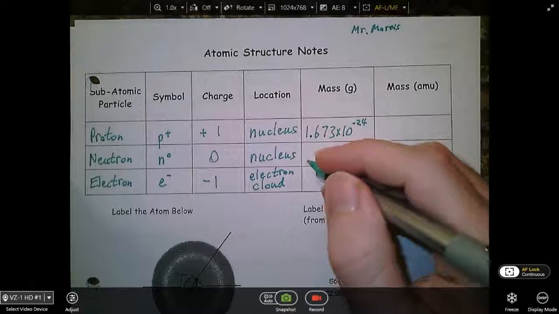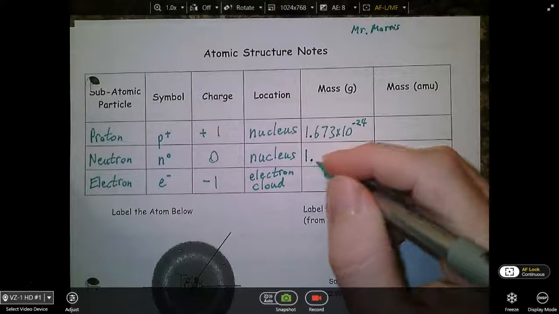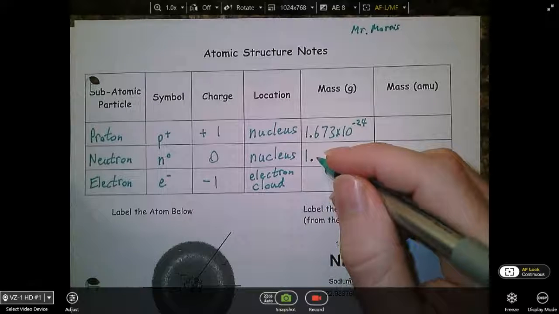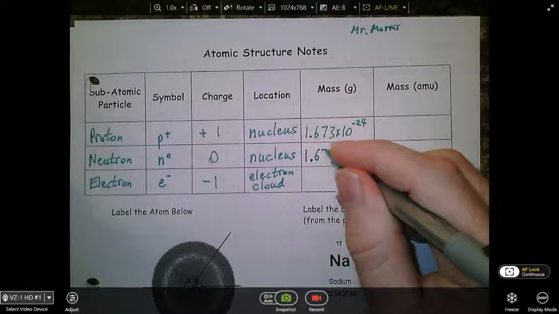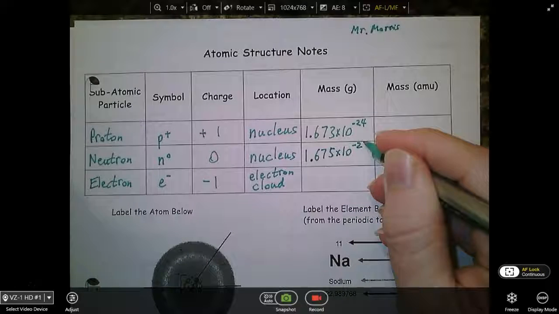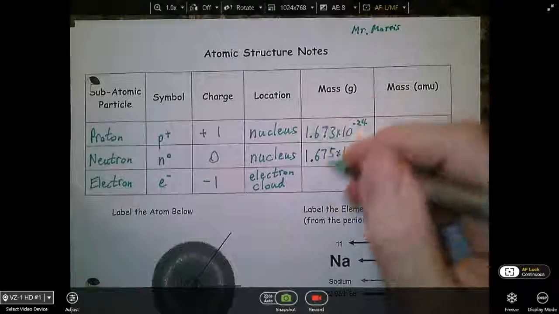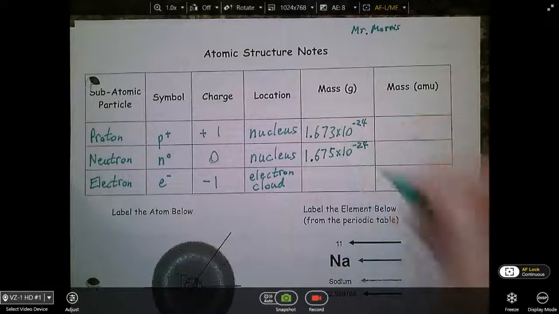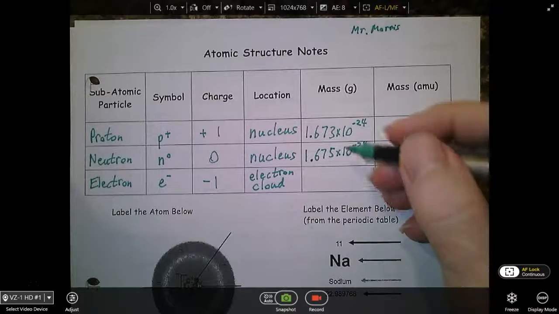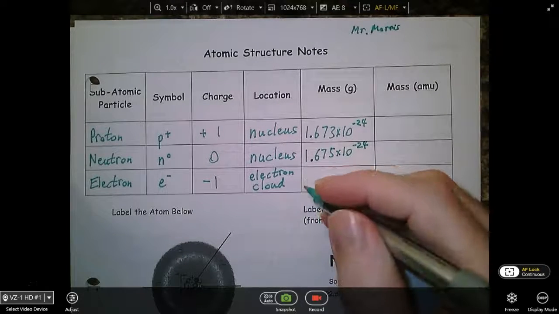Okay, the mass of a neutron is 1.675 times 10 to the negative 24. Now you notice the same power, very close to the same number. Which one weighs more? Well, it would be the neutron by just a little bit. Not much at all.